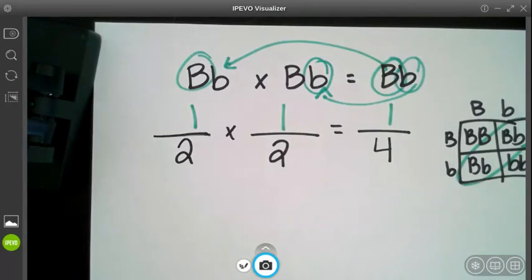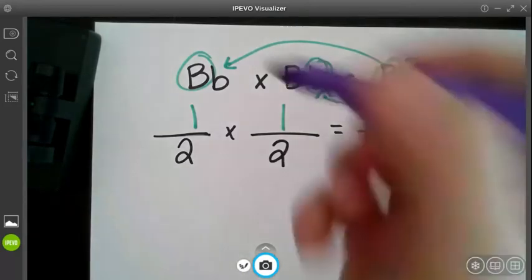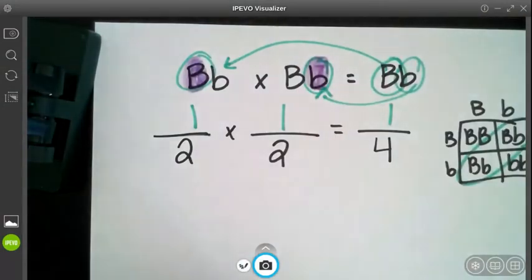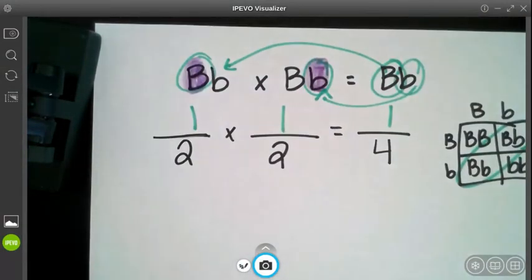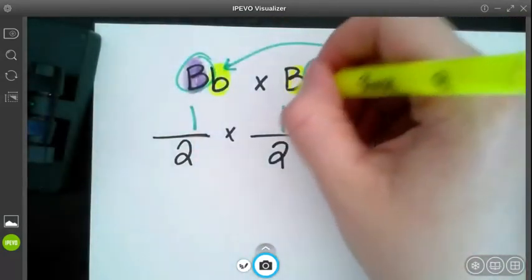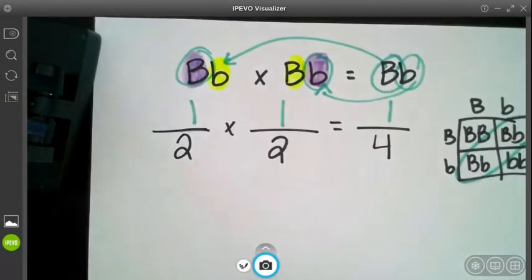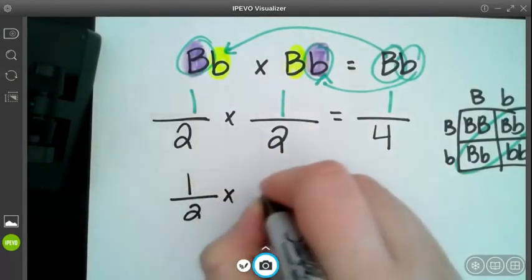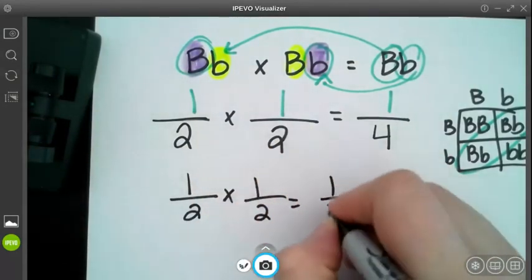So our first parent here, our first combination, we can have a big B from that combination, or my desired is also here, which means it can be flip-flopped. So it's not just 1/2 times 1/2 equals 1/4.